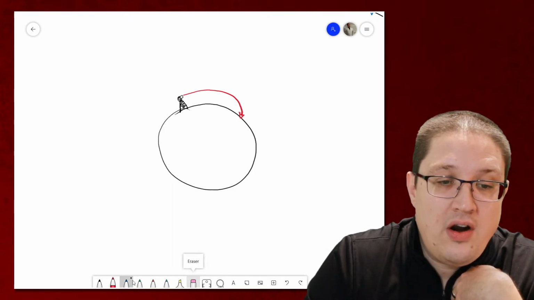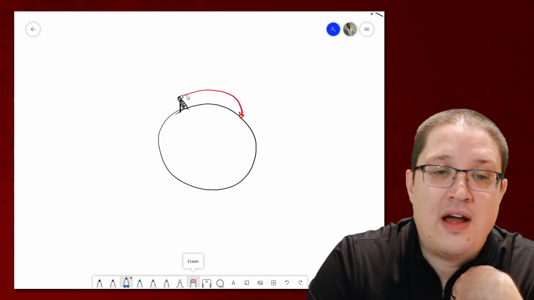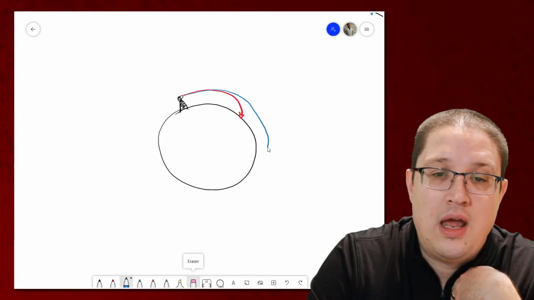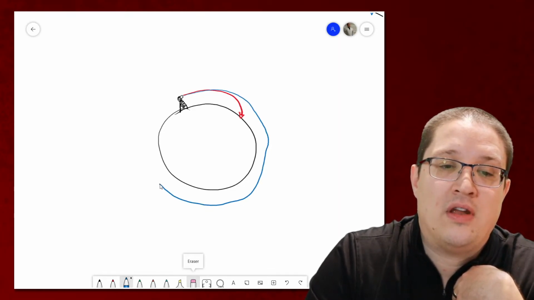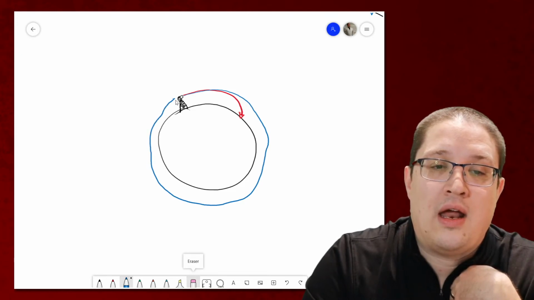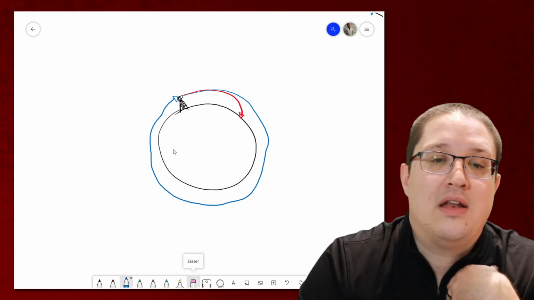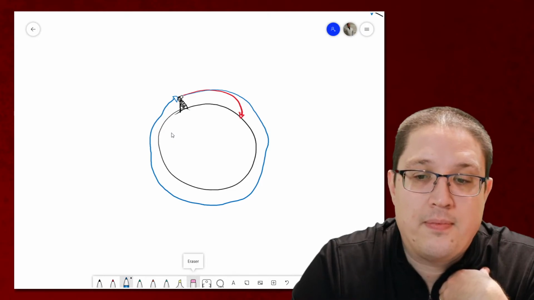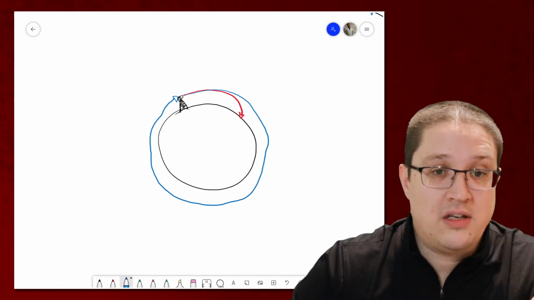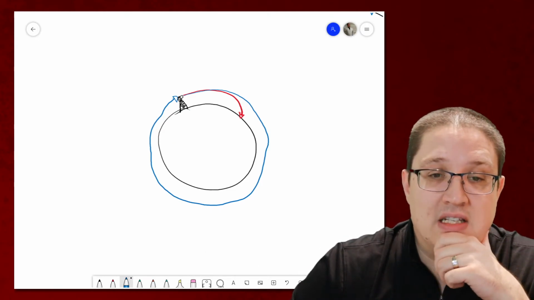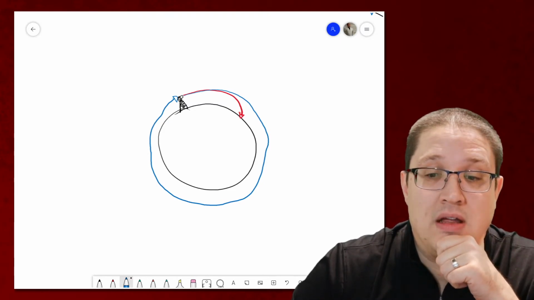If I fire this cannonball fast enough, however, eventually it misses the Earth entirely and travels back to where it started. So effectively, we fired our cannonball fast enough that we missed the Earth.